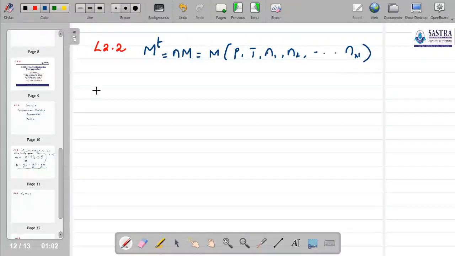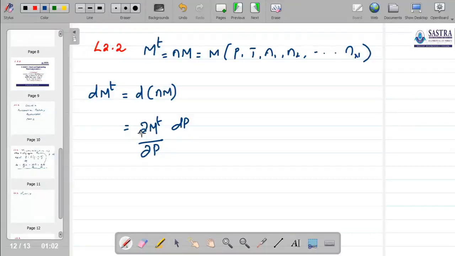Then the total change in the property of the system, which is also equal to d of Nm, is given by the change in pressure and how far the total property changes because of it, that is the partial derivative of dou Mt by dou P, plus the change in temperature and how far it affects the total solution property.